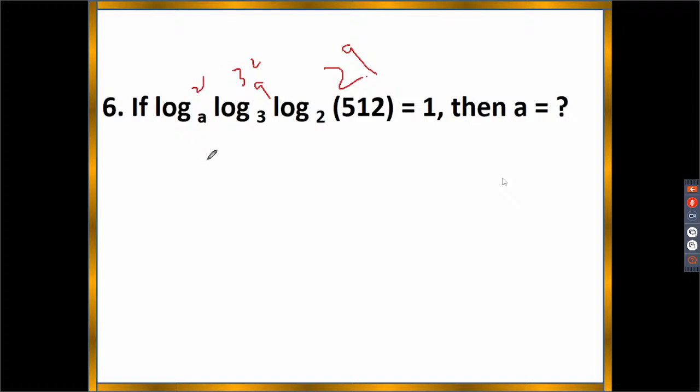Log 2 base a is equal to 1. A is equal to what? 2.